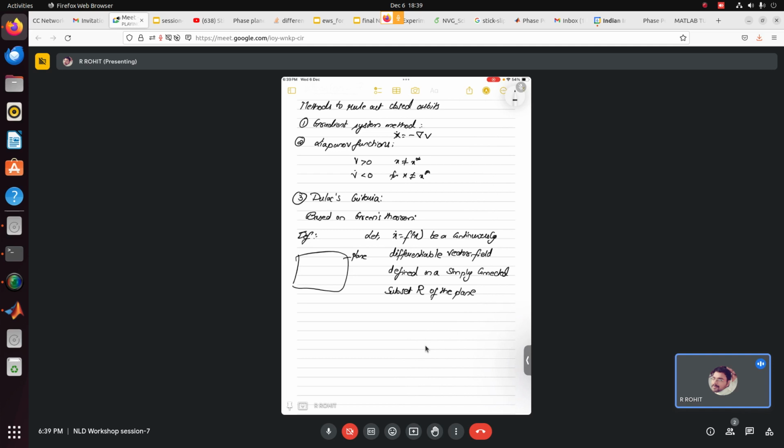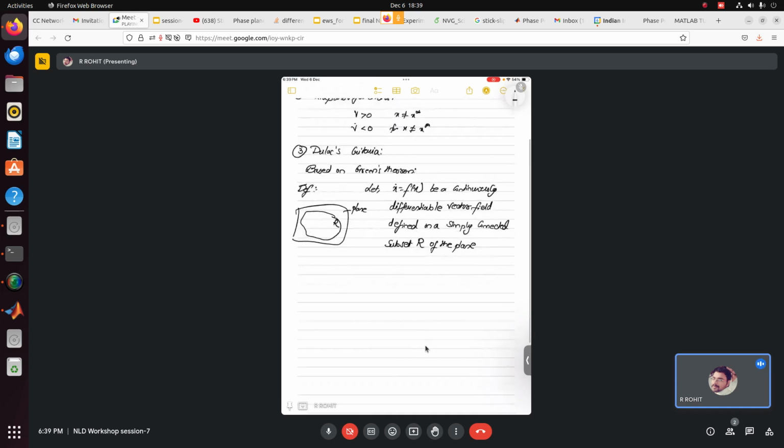So say you have a section and a simply connected subset R inside it.